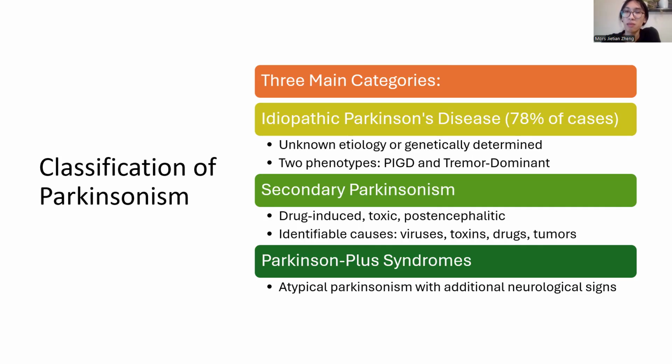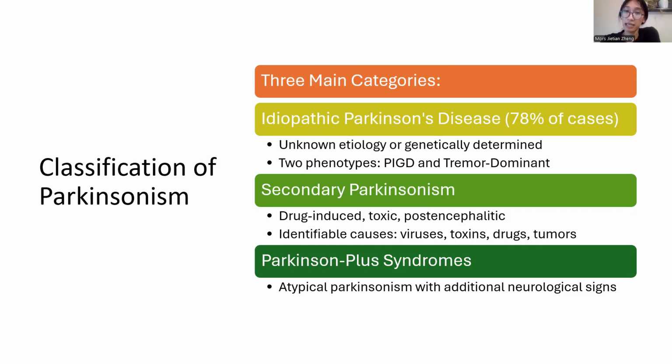Though genetics may play a role in some cases, within this category, we recognize two main phenotypes or presentations. The PIGD phenotype, where postural instability and gait disorder dominate, and the tremor-dominant phenotype, where tremor is the main feature.